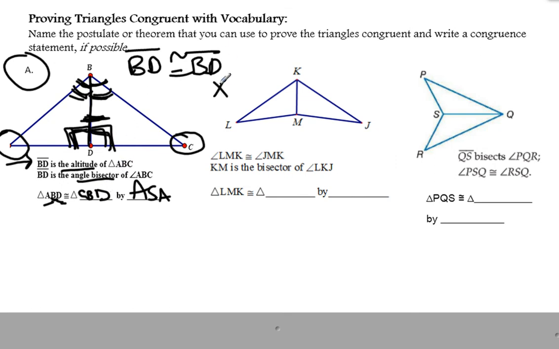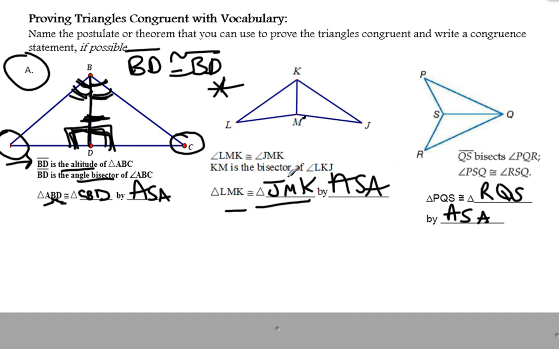Alright, I want you to pause the video and see if you could try the next two on your own. Okay, make sure that you have the letters in the exact order that I do. So it must be JMK and RQS, and your reason for both of them is angle side angle. The first thing I'm going to do is mark my shared side, KM. And I'll go ahead and mark it here on the other picture, QS. Then it says angle LMK, L to M to K, is this angle here, is congruent, so I'll put my arc, to angle JMK.